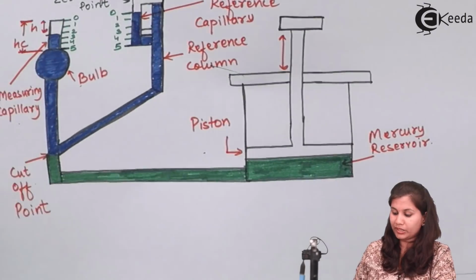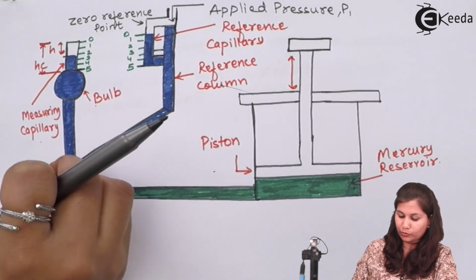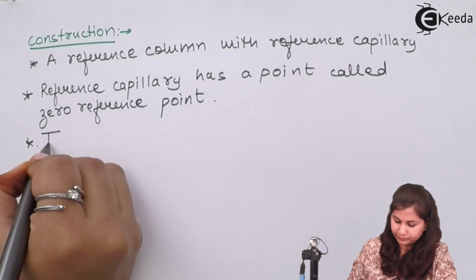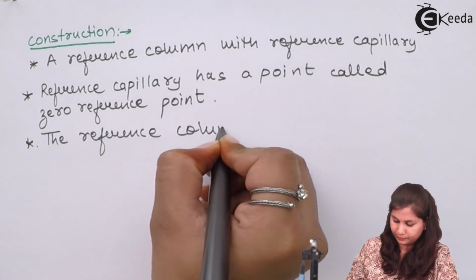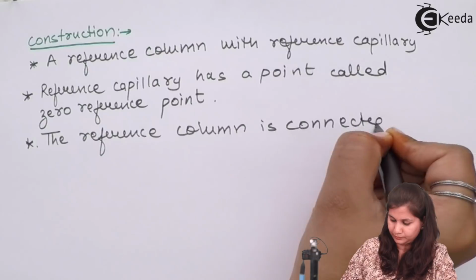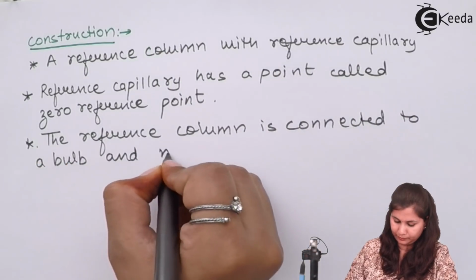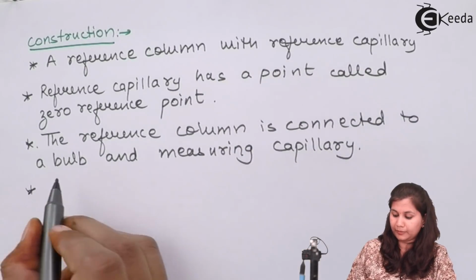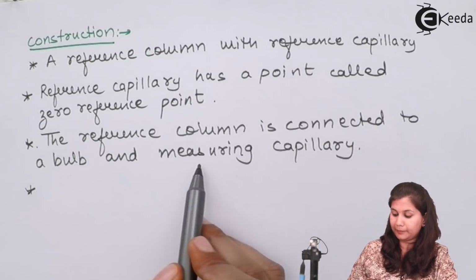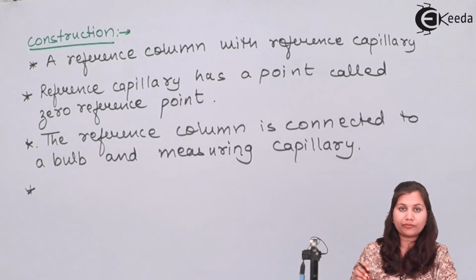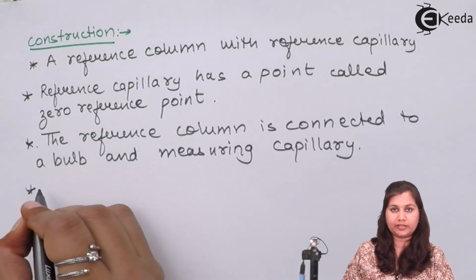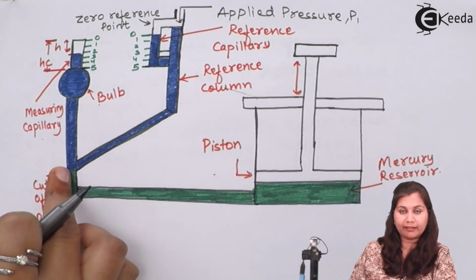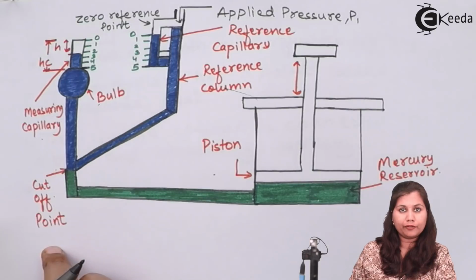You can see in the diagram that the reference column is connected with the measuring capillary and the bulb. The point where the reference column connects with the bulb and the measuring capillary is called the cutoff point.